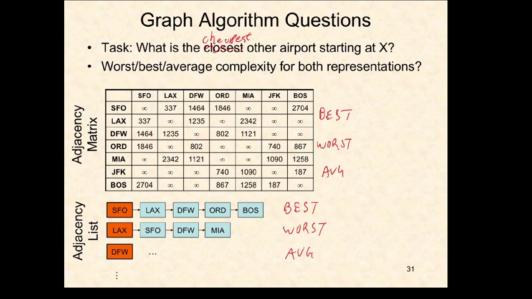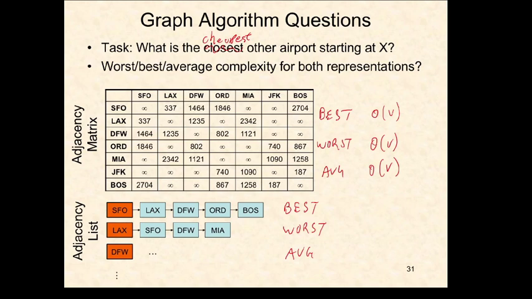Infinity is not better. 802 is better. 802 is the best. 1121 is not better. Infinity is not better. I had to look through all of them, O of V. Well, if that's the best I can do, it's also the worst I can do, because that's how many I have to look at. So adjacency matrix O of V, you have to look at the whole row.